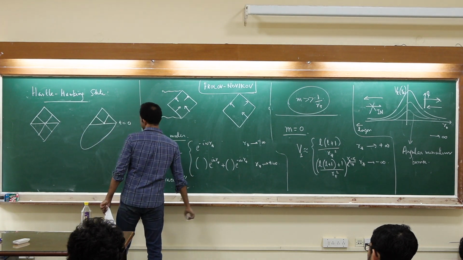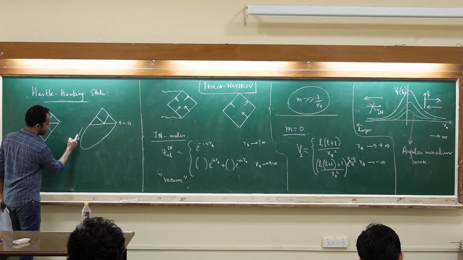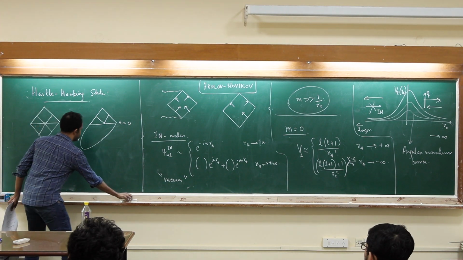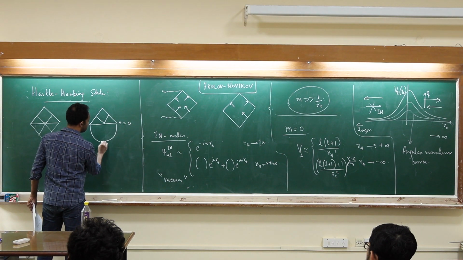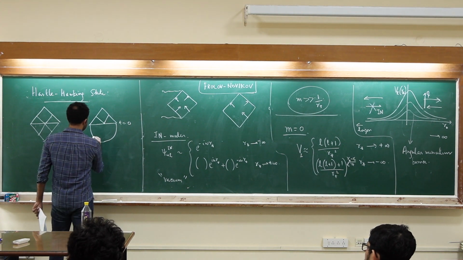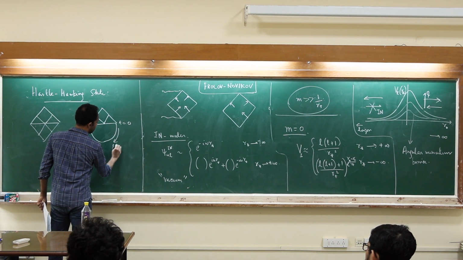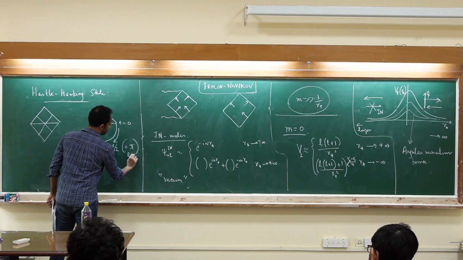If you remember, there was a beta by 2 rotation along this. Maybe it is better to draw it like this, but you should understand that the lower part is Euclidean signature and the upper part is Lorentzian. This beta by 2 was equal to pi in the case of Rindler.